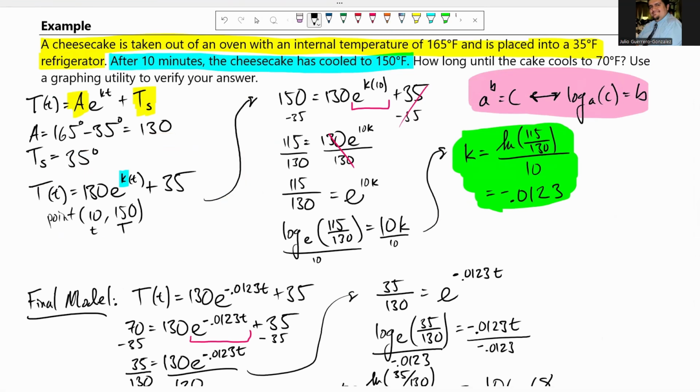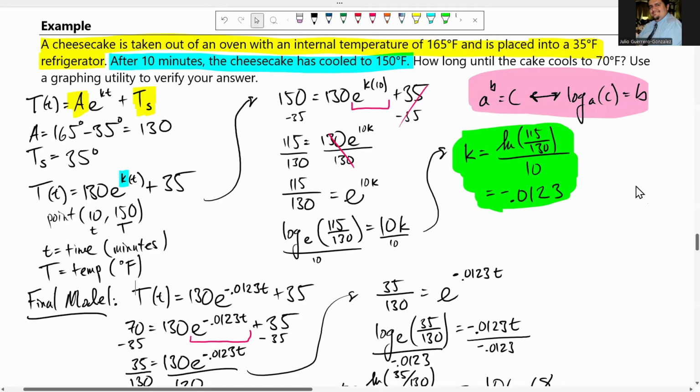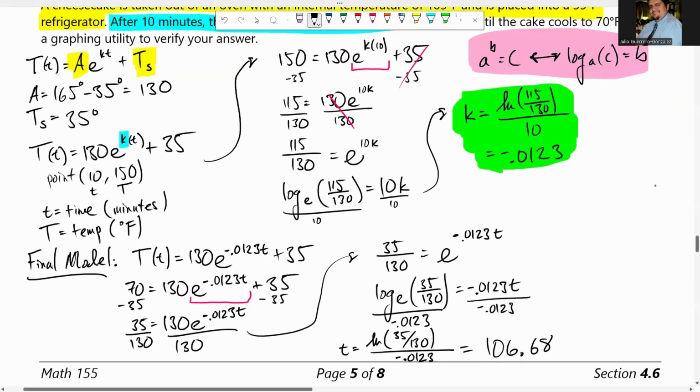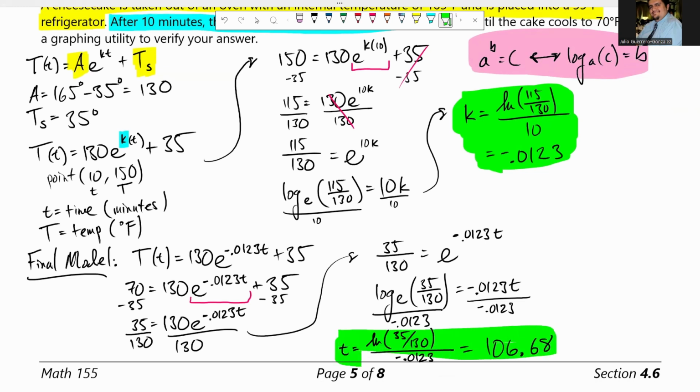We said that little t was time, and it was in minutes, and big T was temp, and it was in degrees Fahrenheit. When we solved all this out, we got this. And that's a little t.